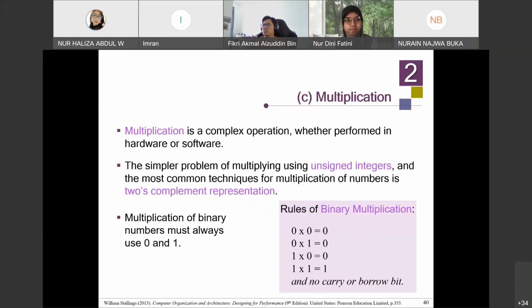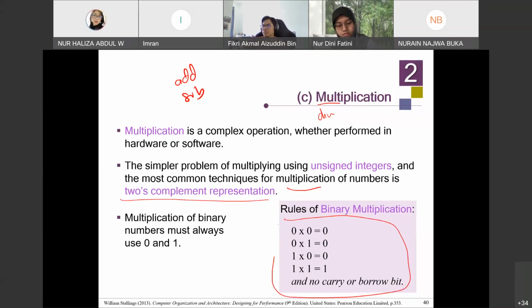So here is the rule. Last time in digital logic subject, you didn't learn until multiplication. You just learned addition and subtraction. Now in COA, you learn until multiplication and division. Here, you're going to multiply numbers in two's complement, and there is a table.